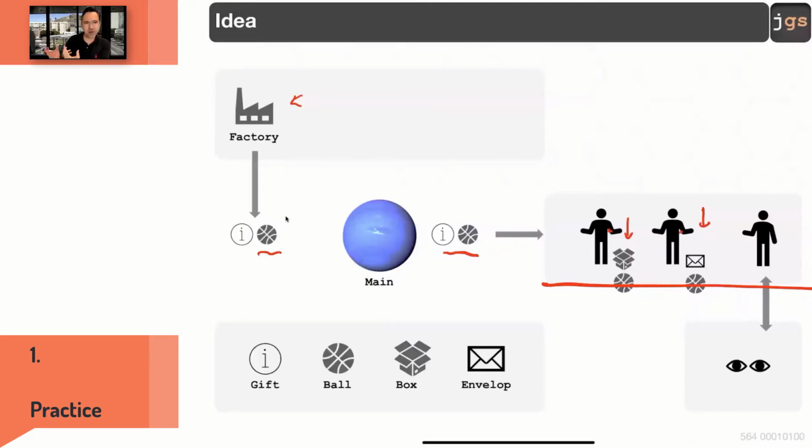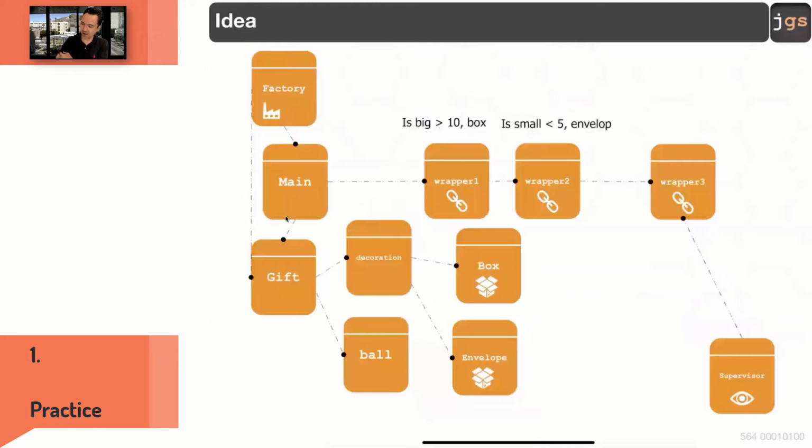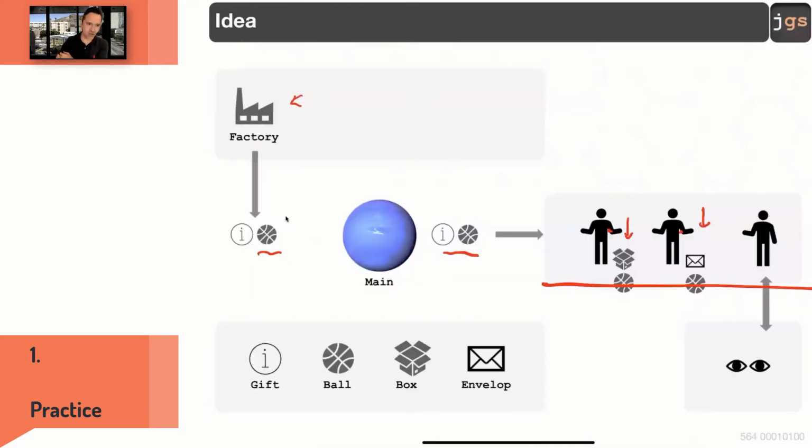And basically what is going to happen is that one of them is going to put an envelope to the object. One of them is going to put a decoration. The decoration could be this box, and I am going to have basically my original object plus the box, or maybe something else.